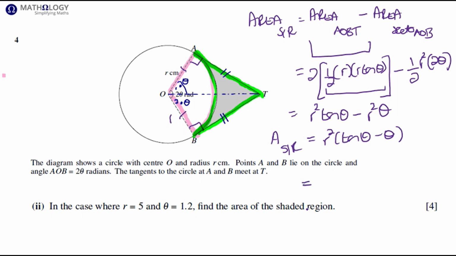Now we're given that r equals 5, so the area will be 5 squared, which is 25, times, theta is 1.2, so tan 1.2 minus 1.2, and all of that times 25. So the area of the shaded region is 34.3 centimeters squared.